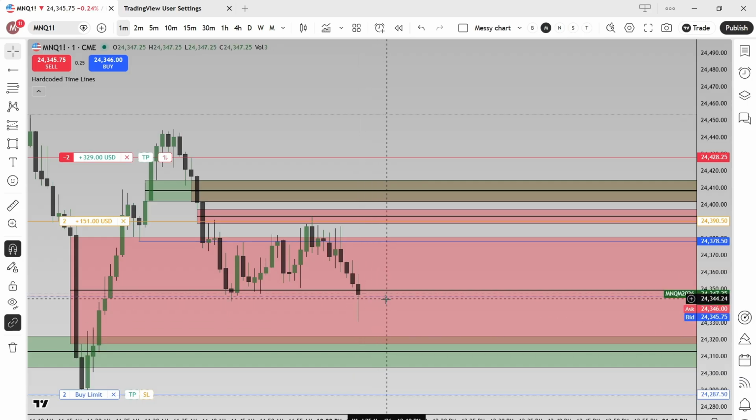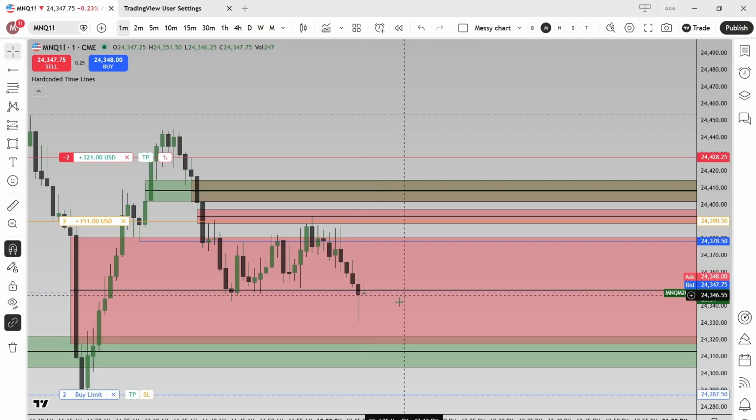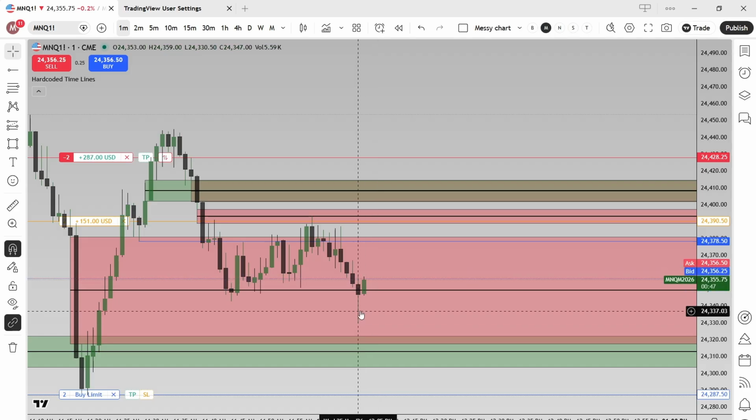So we'll see on the next candle if this creates a swing low or not. I'll put my take profit at this low if it's a swing low.